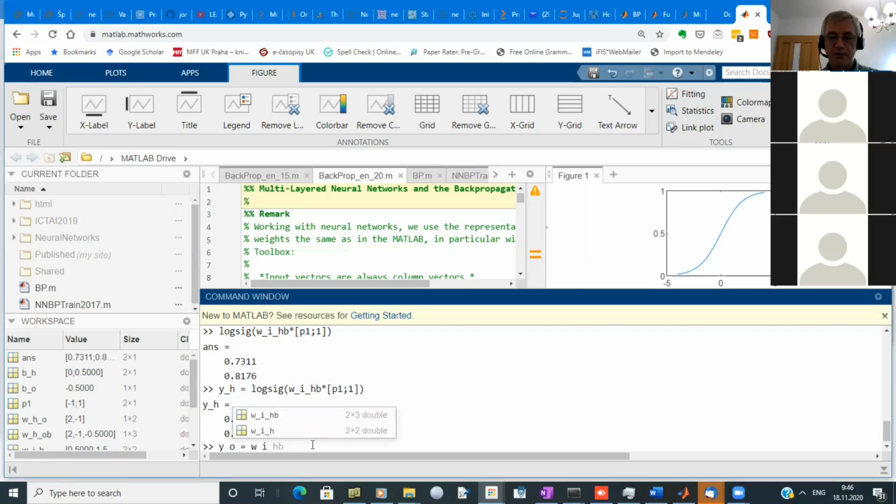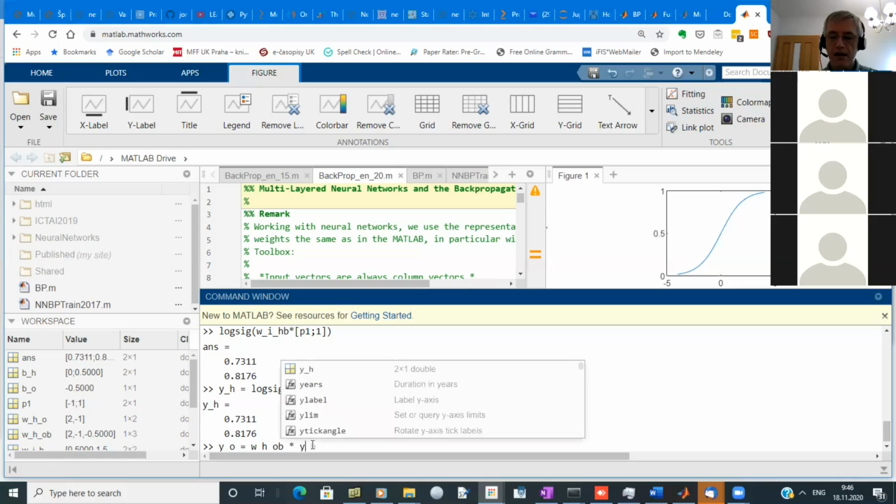I will put the weights from hidden to output with bias times YH extended by 1.